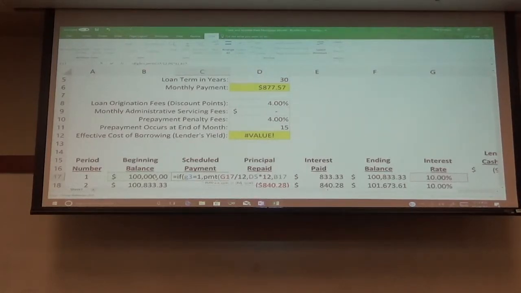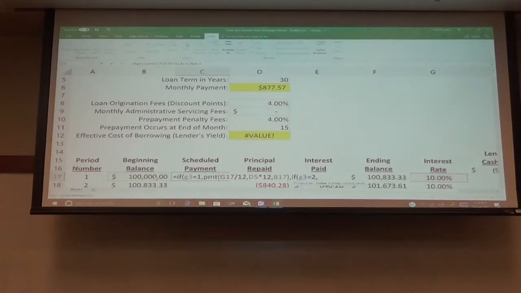Let's see, close that out, comma, and if G3 equals 2, then we add the principal plus the interest.